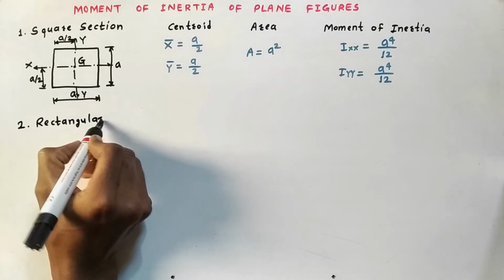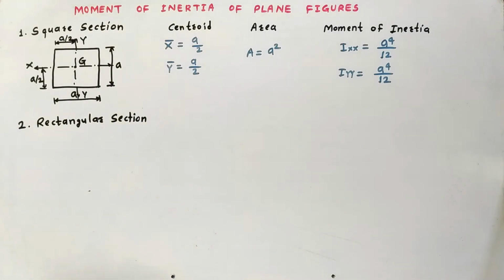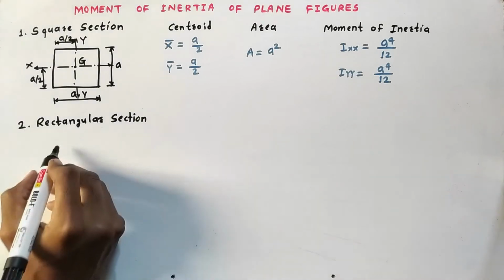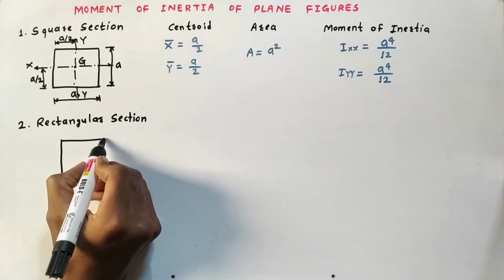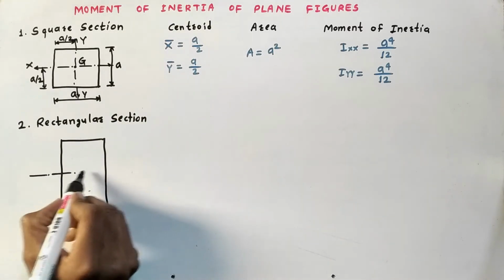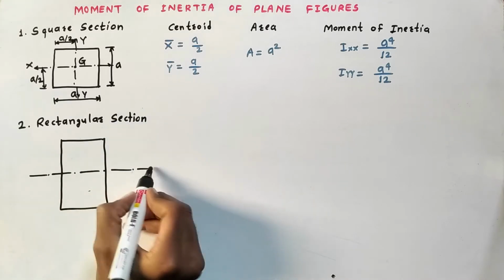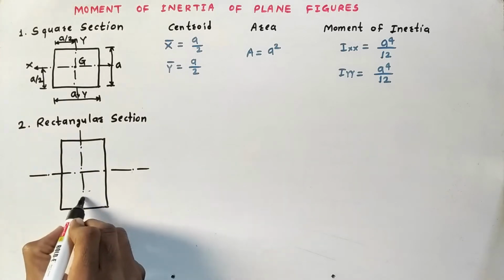Now we know the formulas for rectangular section. So first draw a rectangle. This is the x-axis. This is the centroidal y-axis.